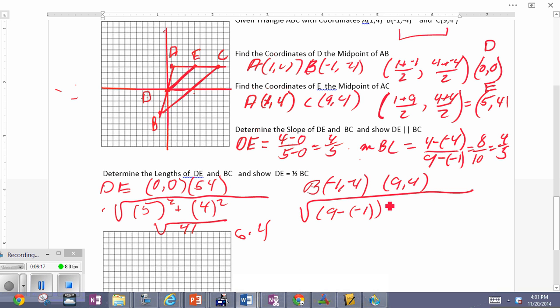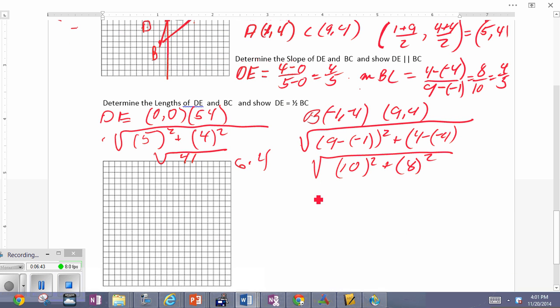You've got to be careful about your signs. Plus 4 minus a negative 4. So that's 10 squared plus 8 squared under the square root, which is 164. So that's the square root of 164.